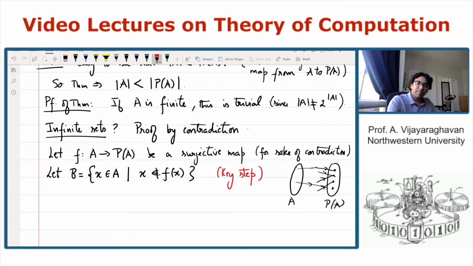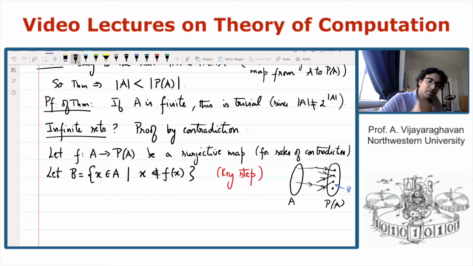So the set B will be some element inside the power set. Why is that? Because it's just a subset of elements inside A, and any subset belongs to the power set. This set B is constructed in a special way, and then we're going to contradict B actually belonging to the power set later. So this will end up showing that there can be no such surjection.